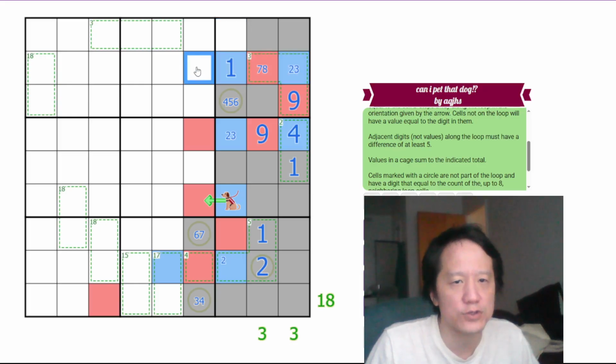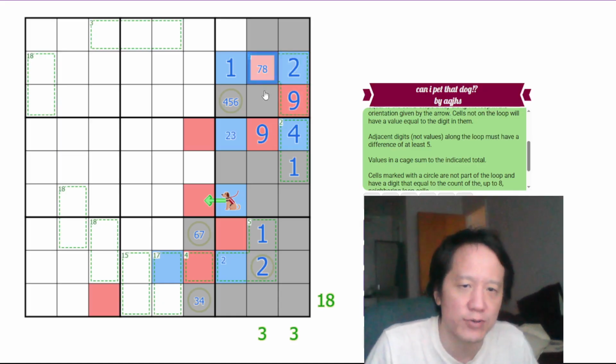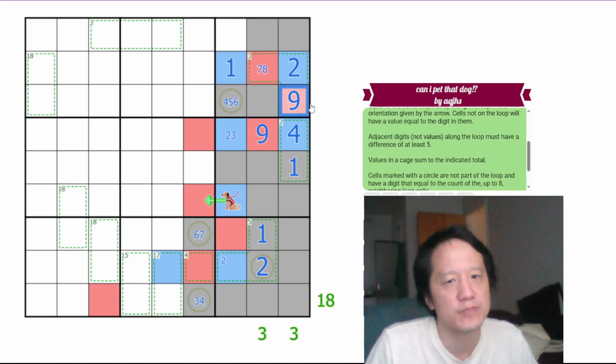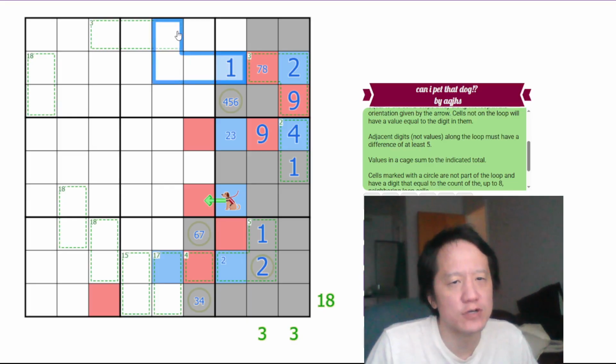So this has to be 2. I'm guessing this is probably 7 to match the 9 here, but we don't know. So it could be like that. That's possible. It could be like that. That's possible.